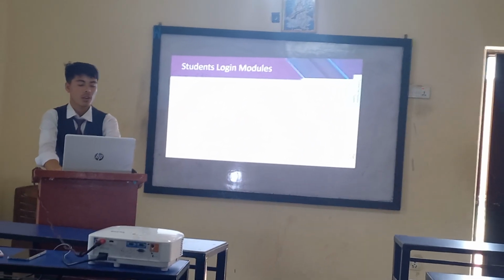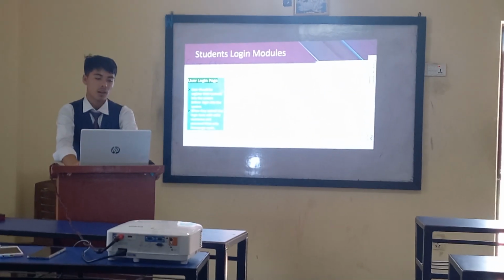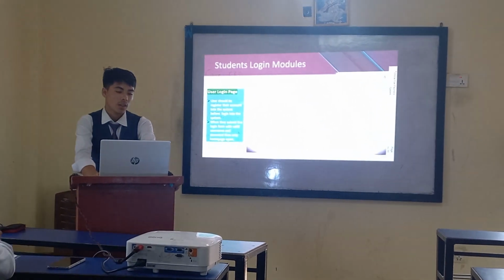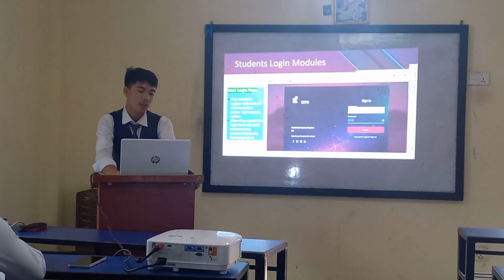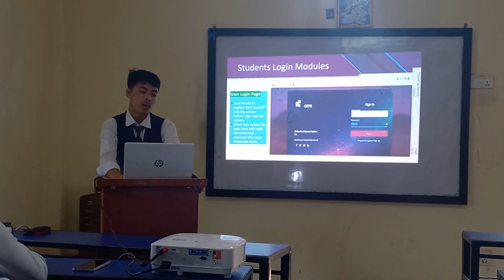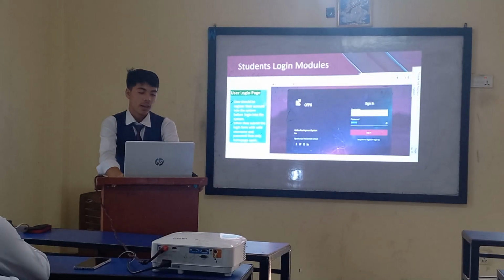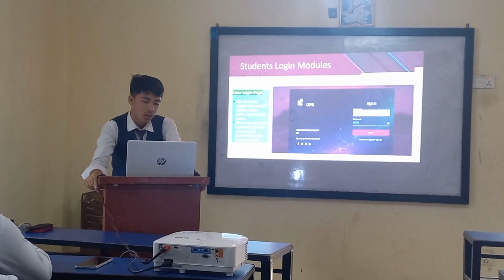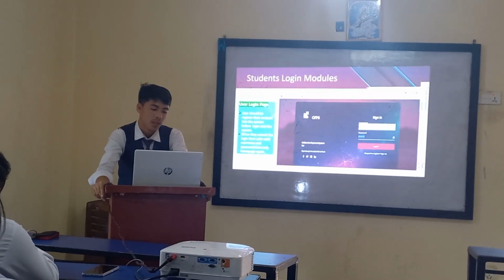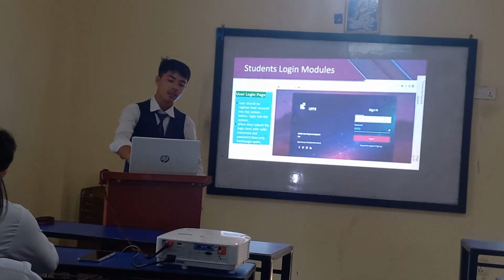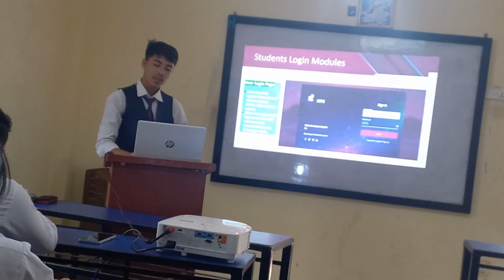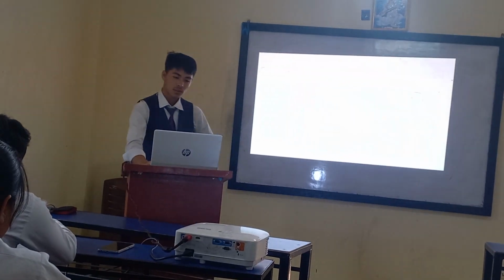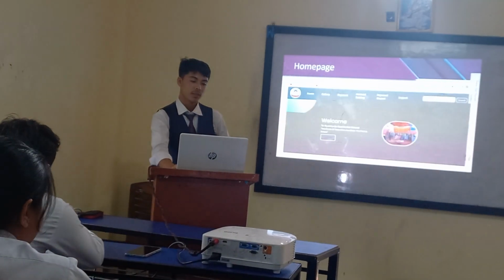First of all, the student login model, or how the user login works. Users should register their accounts before logging into the system, and when they submit the login form with a valid username and password, then one page opens. This is our user login page, the home page.